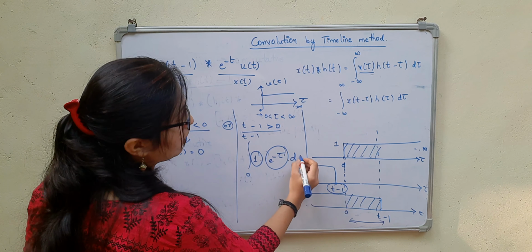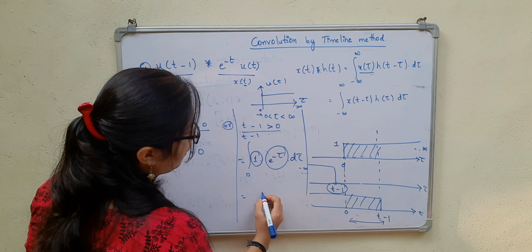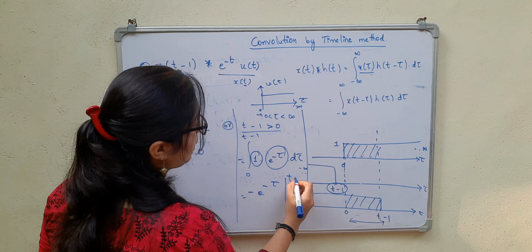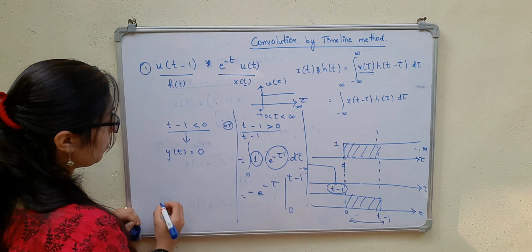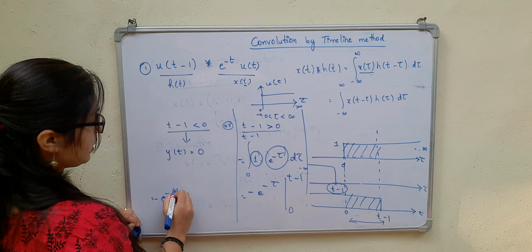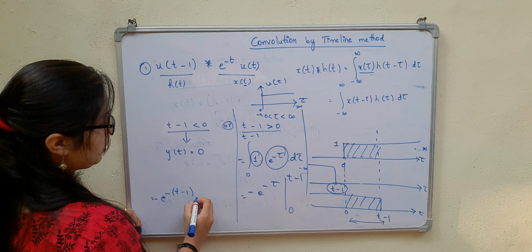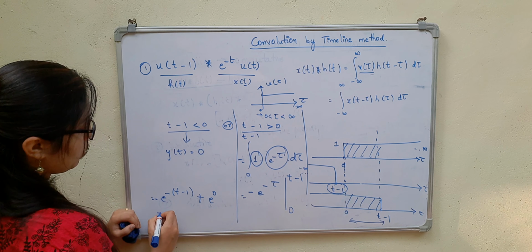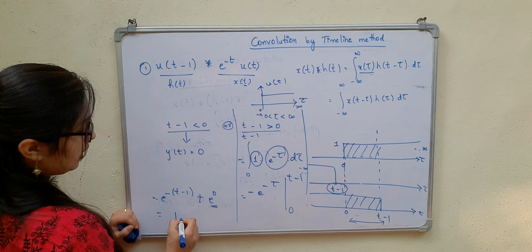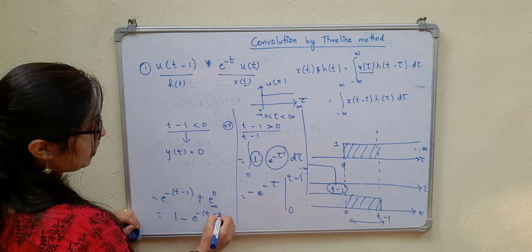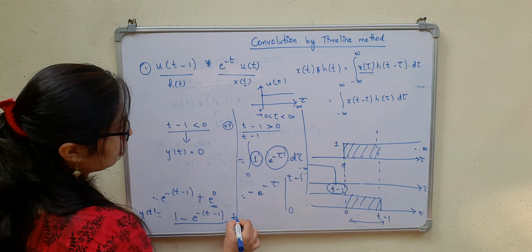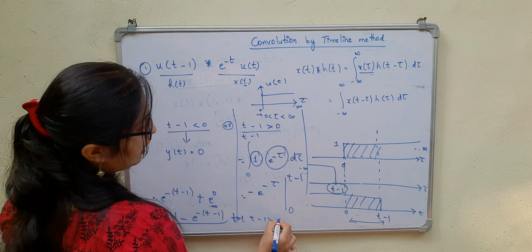If I solve this, it will be e to the power of minus tau, with limits t minus 1 and 0. So this will be equal to e to the power of minus (t minus 1), and what will be this? Plus e to the power of 0. So e to the power of 0 is 1, so it is 1 minus e to the power of minus (t minus 1). Okay, so this is the value of y of t for t minus 1 greater than 0.